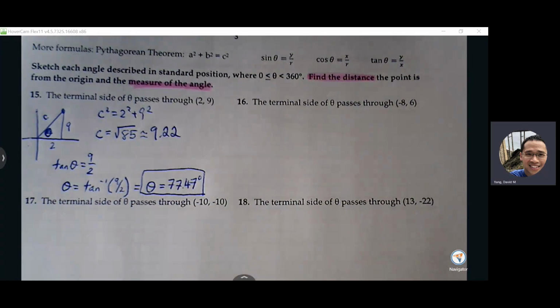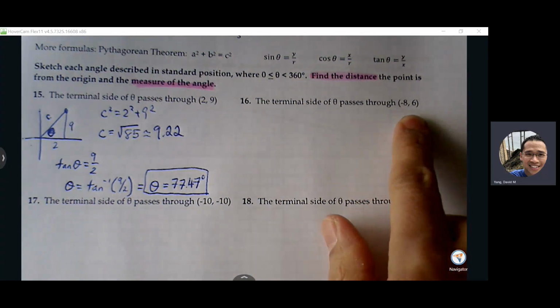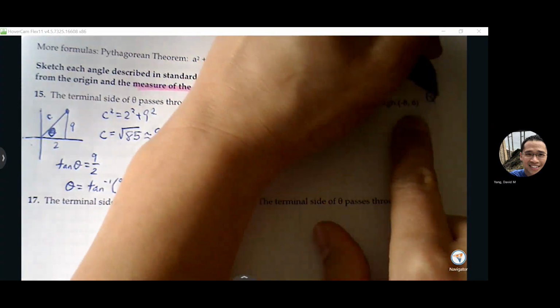Okay, number 16, terminal side passes through negative 8, 6. Which quadrant is that? Second.